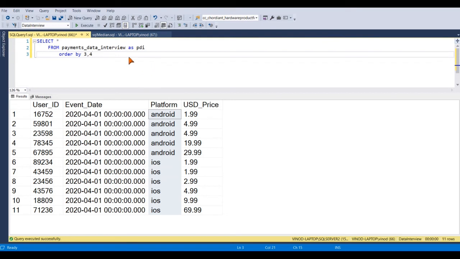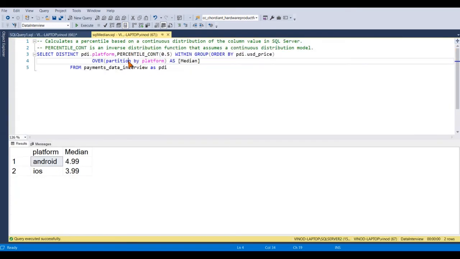In SQL, we have an inbuilt function called PERCENTILE_CONT. Now what does this percentile function do? It calculates a percentile based on a continuous distribution of column values in SQL Server.